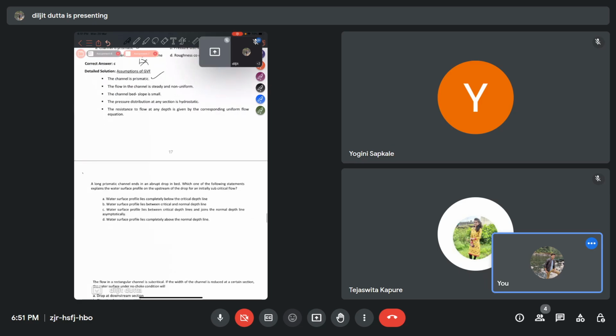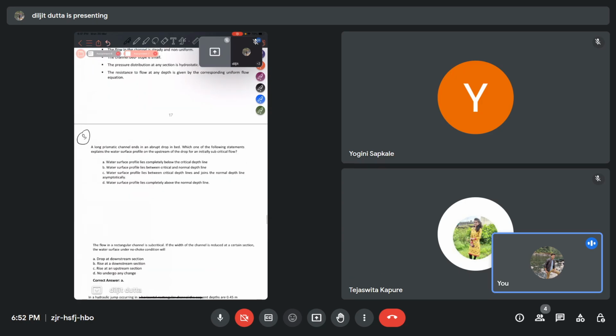So the third question. A long prismatic channel ends in an abrupt drop in bed. Which of the following statements explains the water surface profile on the upstream of the drop of an initially subcritical flow? So what do you think?